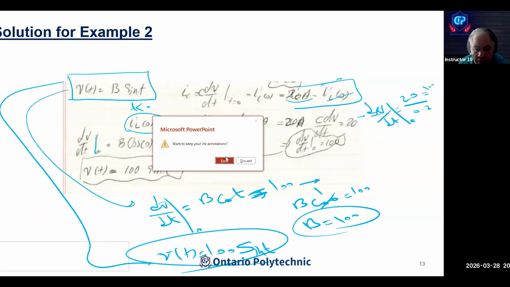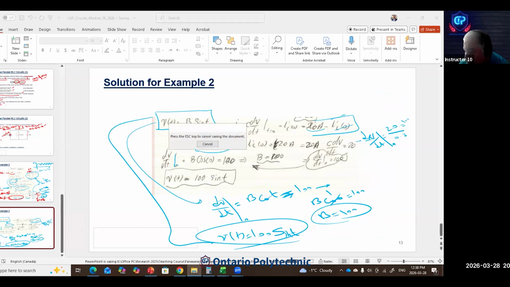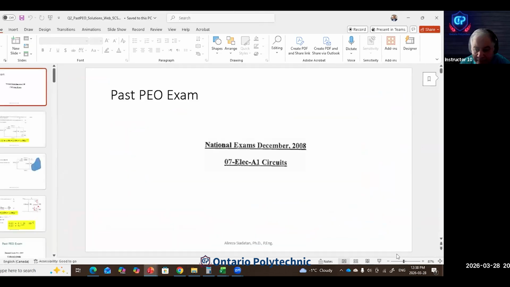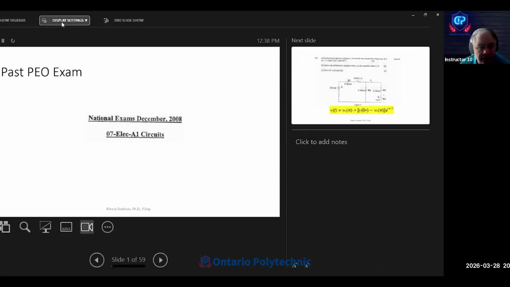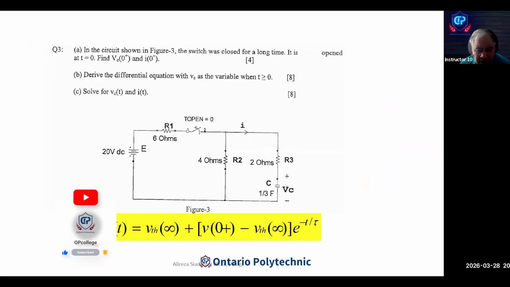I assume that you can solve any problem with an equation with a source. For example, I shared with you this file for the RC and RL.